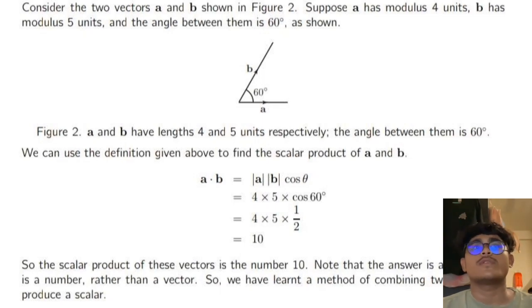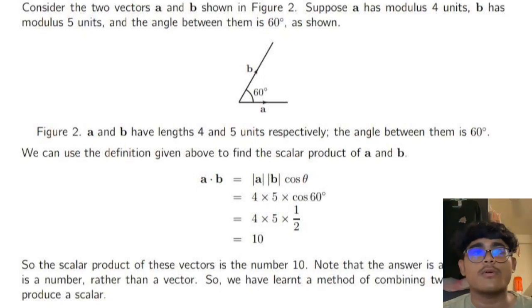We can use the definition given above to find the scalar product of A and B. A·B equals |A||B| cos theta, equals 4 multiply 5 multiply cos 60 degrees, equals 4 multiply 5 multiply 1/2, equals 10.